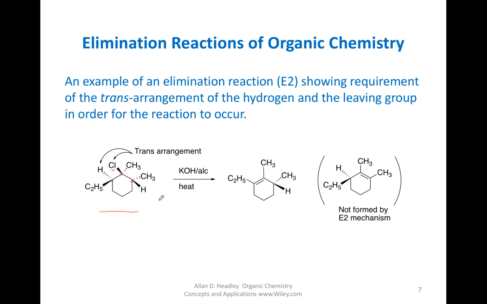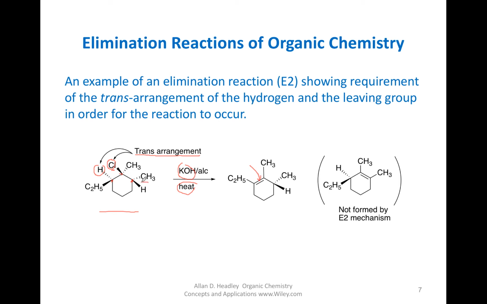So therefore, in the presence of a base and heat, we'll have elimination, but now we'll have elimination from the trans arrangement of the hydrogen and the chlorine. So here's a chlorine and here's a hydrogen. That's a trans arrangement. So therefore, the double bond will go right here.